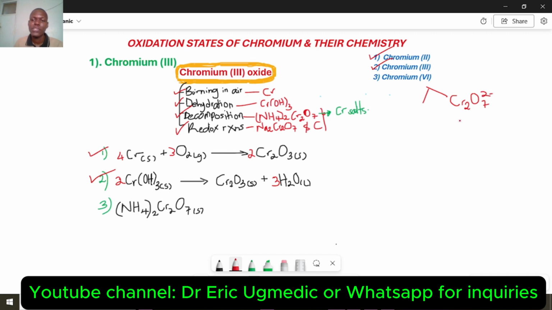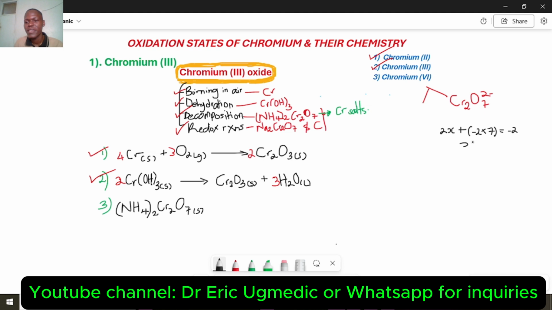So if you calculate the oxidation state, how are we calculating this oxidation state? We shall let the oxidation state of chromium be X, and in this case we see that there are 2 chromium atoms. So we multiply this X by 2 to have 2X, and then we add oxygen. What's the oxidation state of oxygen? Negative 2. And how many are they? They are 7. And then equate to the overall charge of minus 2.